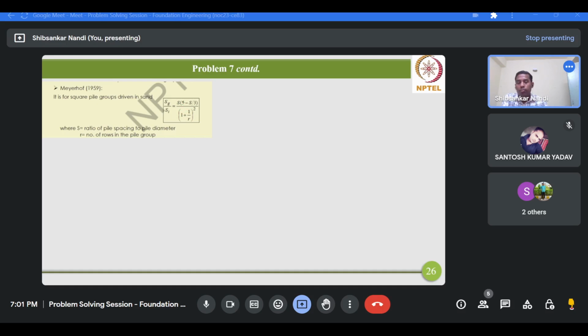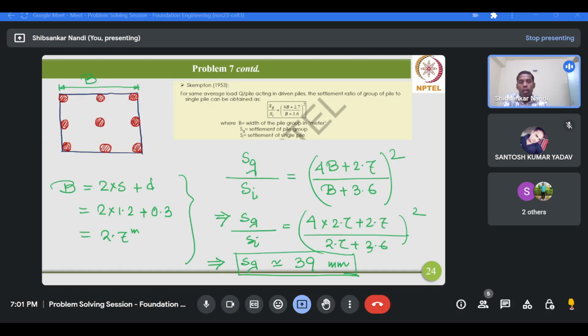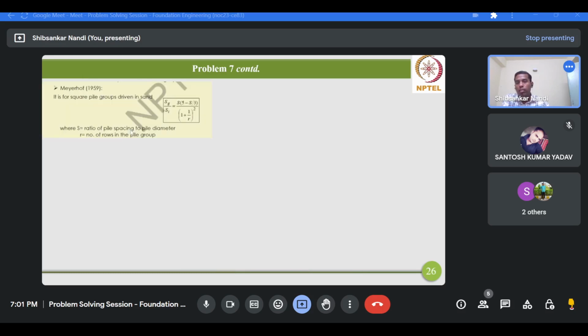Earlier the ratio was dependent on the dimension of the group pile, but here this ratio is dependent on the ratio of pile spacing to pile diameter, which is S, and the number of rows in the pile group. So you should know these two parameters before calculating this ratio. Okay, so this is a homework for you.